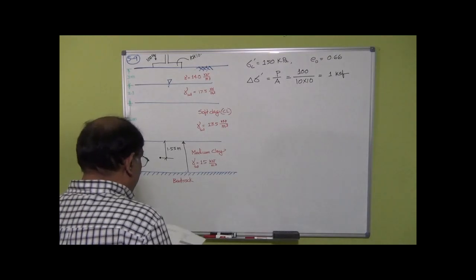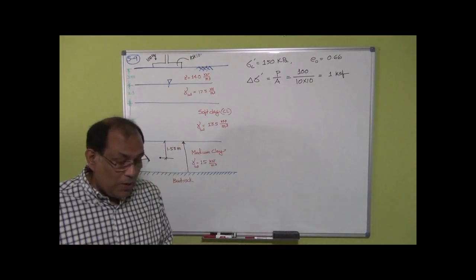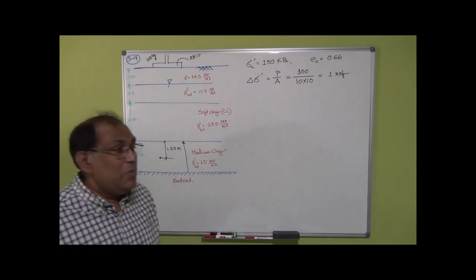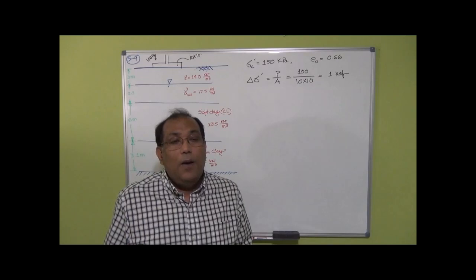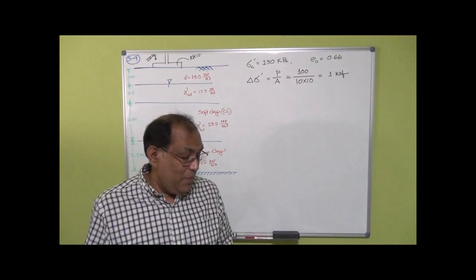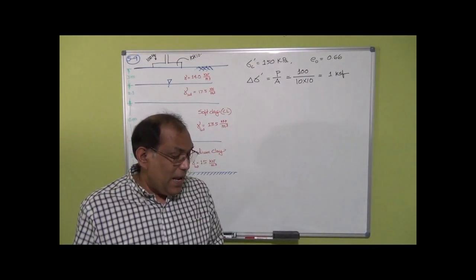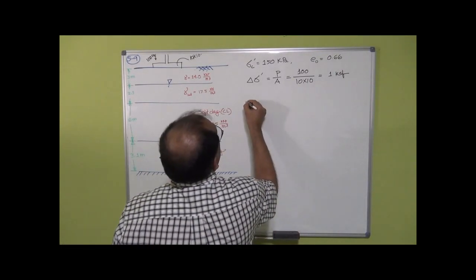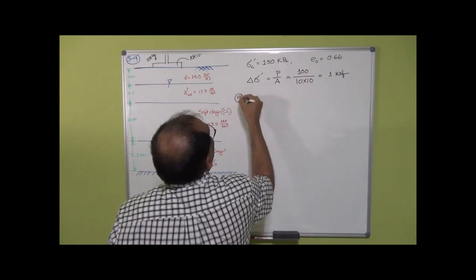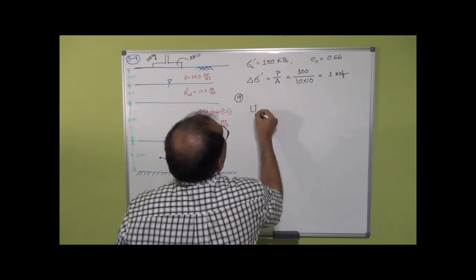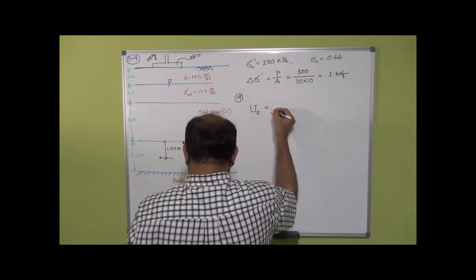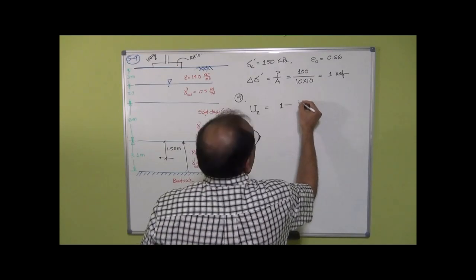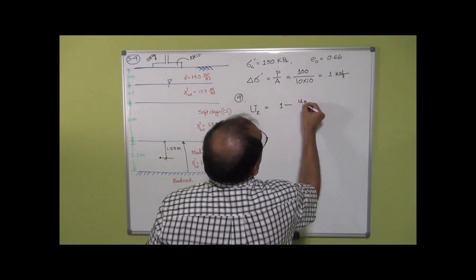Problem number 9. This one is saying the excess pore water pressure at a point where the degree of consolidation is 30%. 30% consolidation means, actually we know from the equation that your Uz, degree of consolidation at a particular point, is equal to 1 minus Uz divided by U naught.